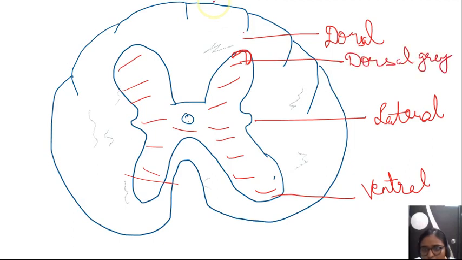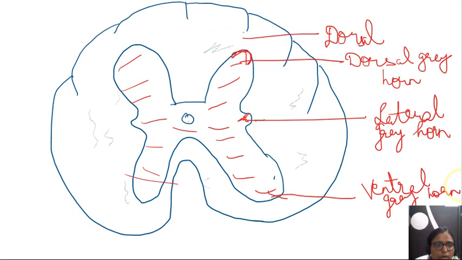Easy to remember. Likewise this, it is a lateral portion and it is gray, so it is a lateral gray horn because it resembles a horn. And here, it is also a gray portion and it is on the anterior side, so it is called the ventral gray horn. Simple.